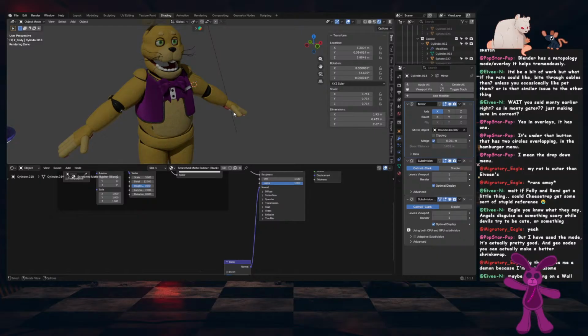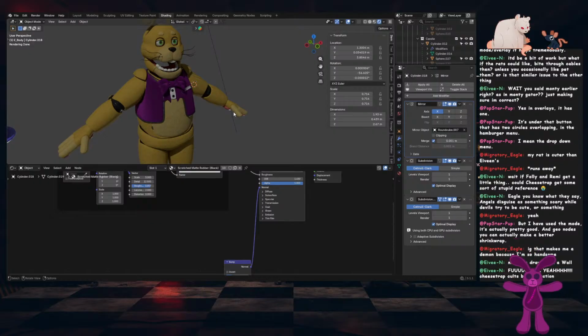Guess it makes me a demon because I'm so handsome. Maybe a drawing on the wall. Cheese Trap Colt's back in action. Maybe if I can, I'll turn him into a figurine or something, sitting in the back. But you know what that means, Iveen?